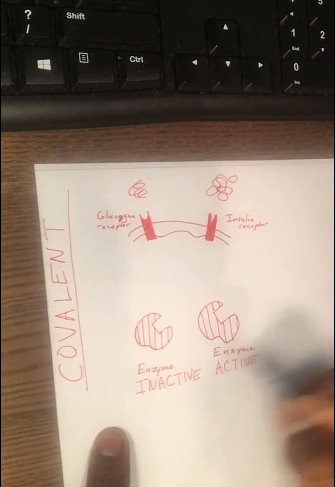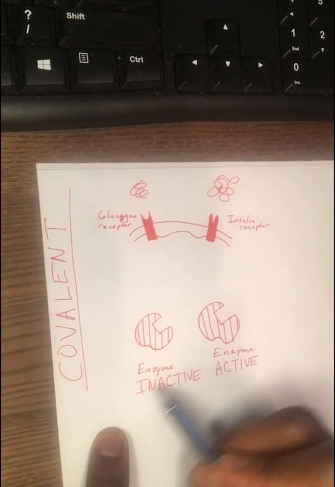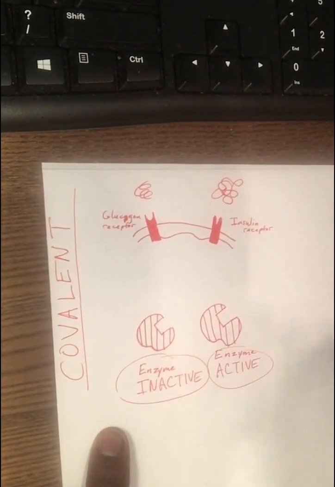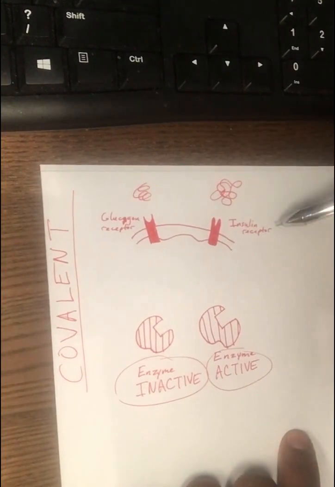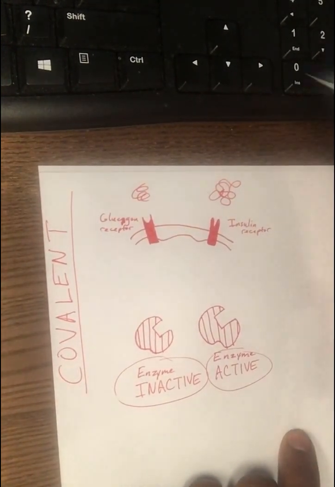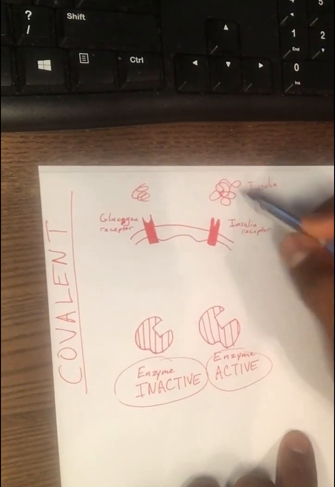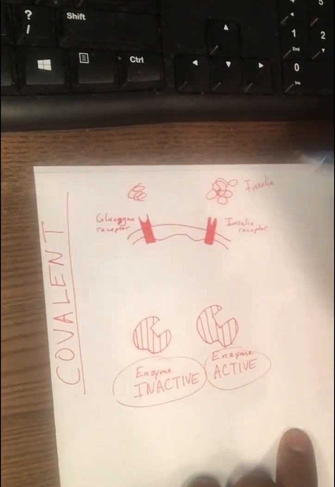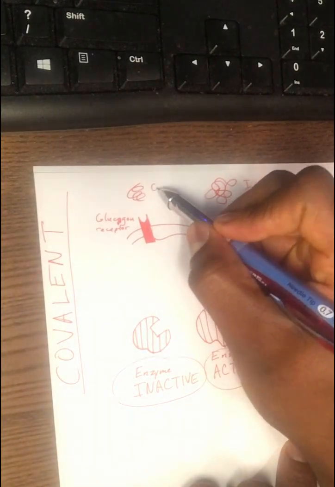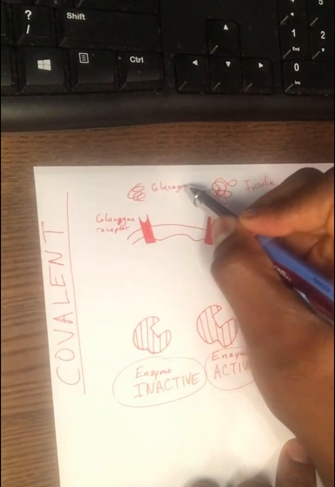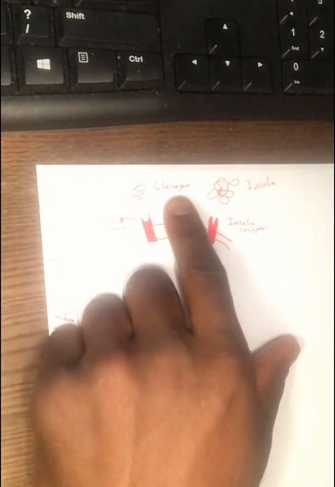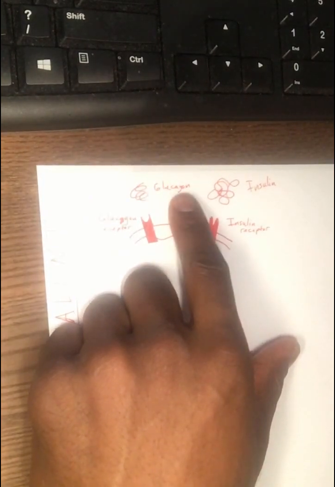Now at the top here we see the insulin receptor. Insulin being a hormone, this is just my representation of the insulin hormone, even though it doesn't look like this, but whatever. And here is glucagon, which is the opposing hormone to insulin in terms of its action.